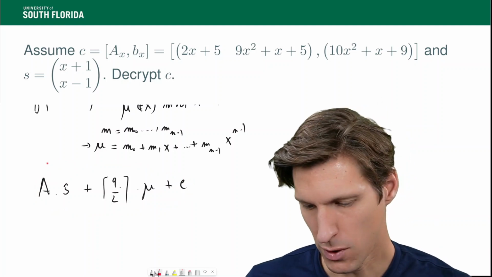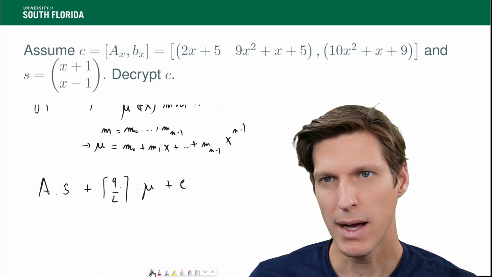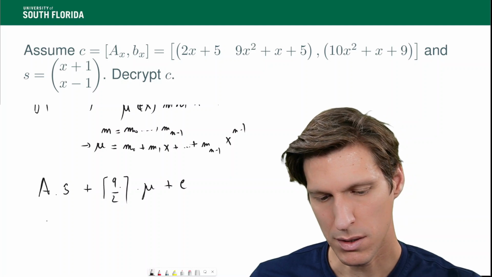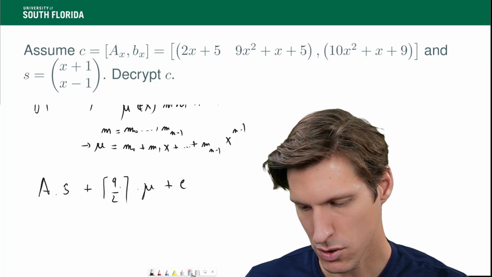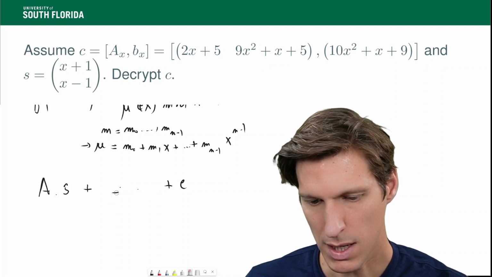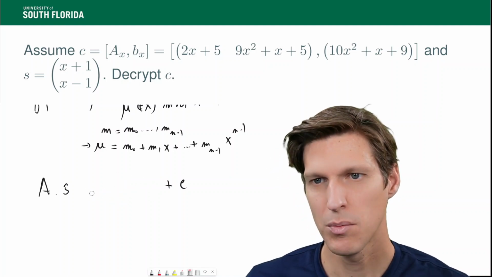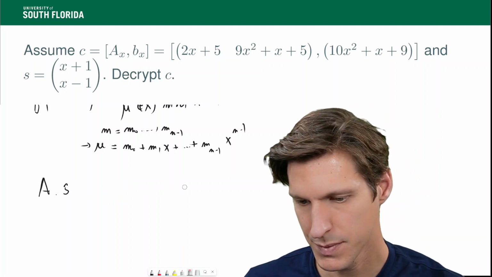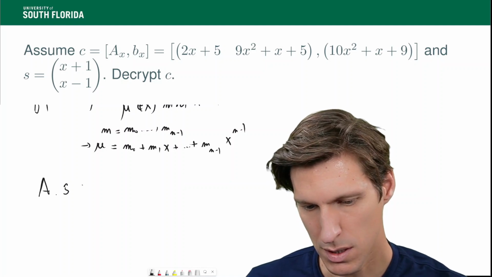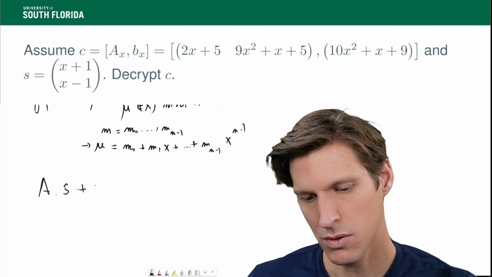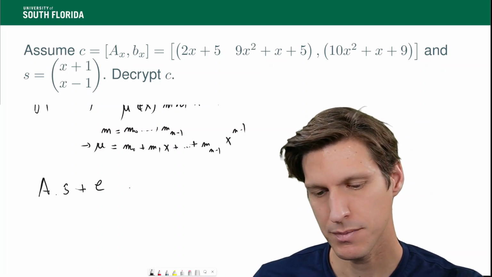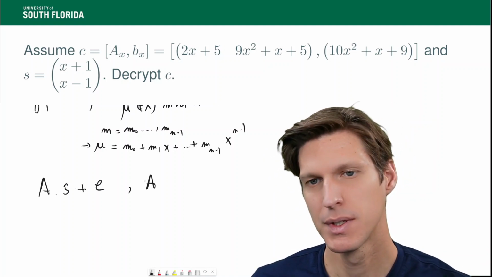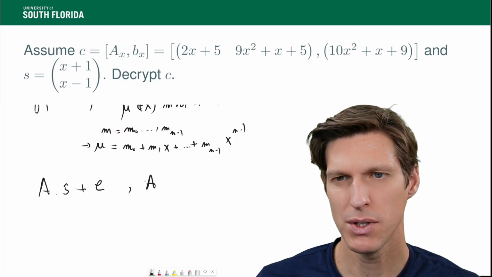I need to first grab the public key, which is going to be A times S plus an error, okay? This is going to be public, and then of course A. These two things are going to be public.